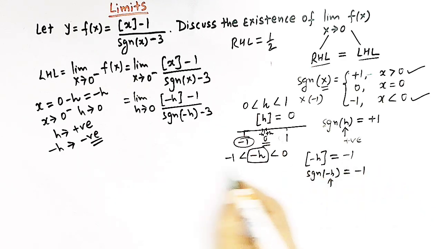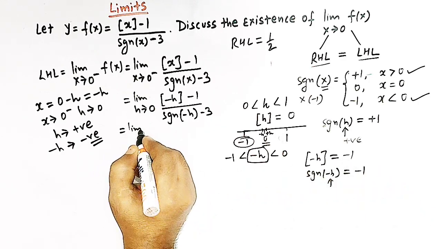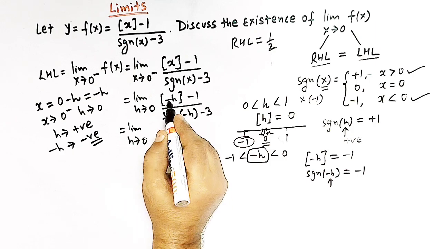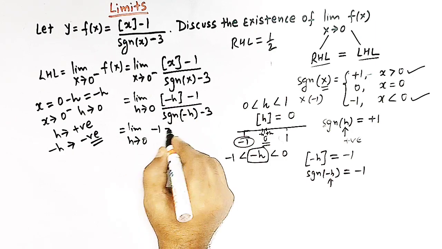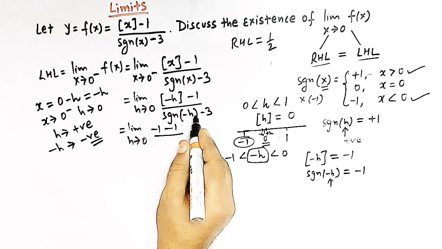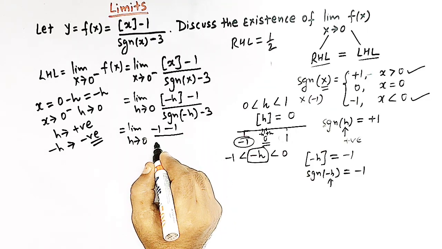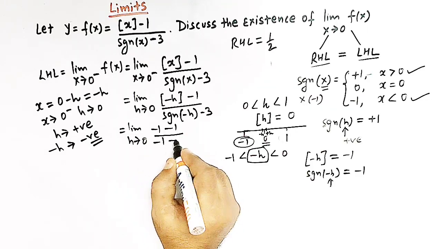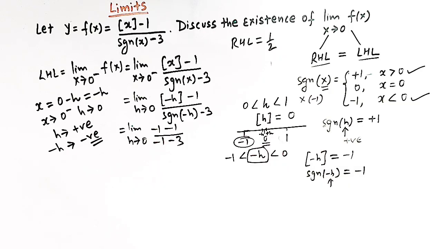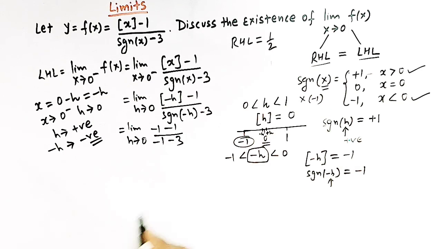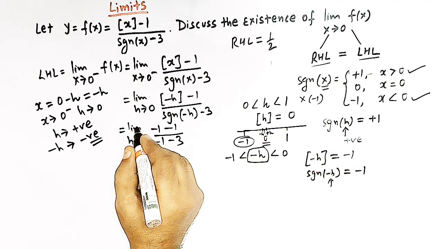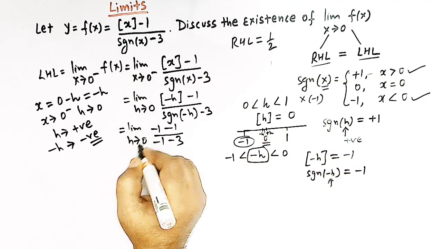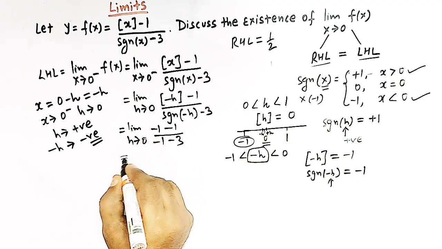So now we can write here limit h tends to 0, and for greatest integer of minus h we have -1, then we have -1, and signum of minus h is -1, and here we have -3. So now this expression is independent of h, so we can drop this limit notation.